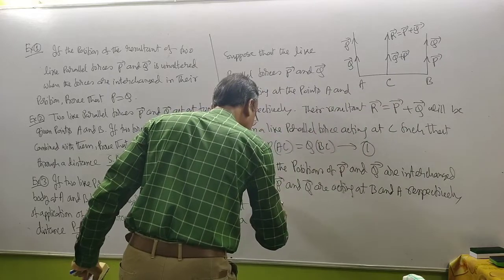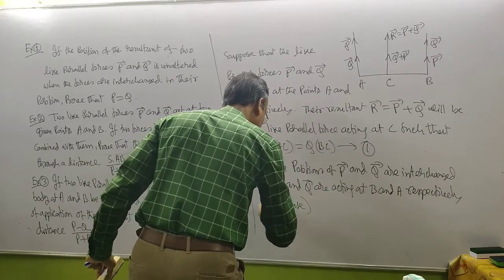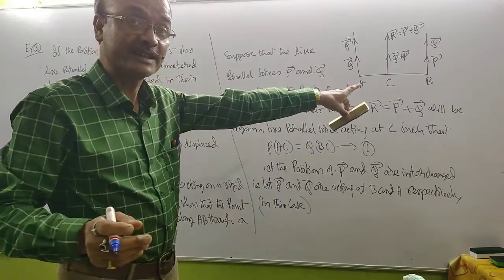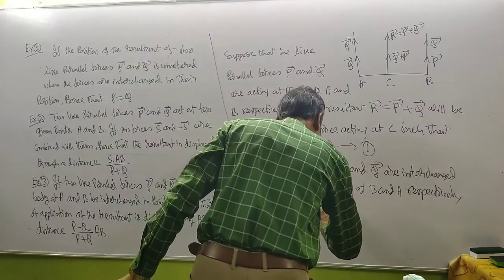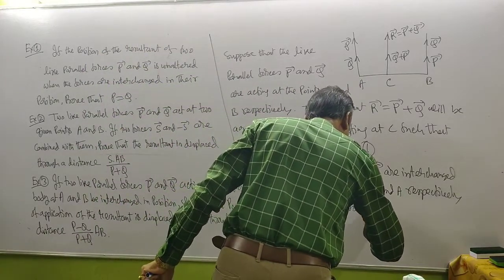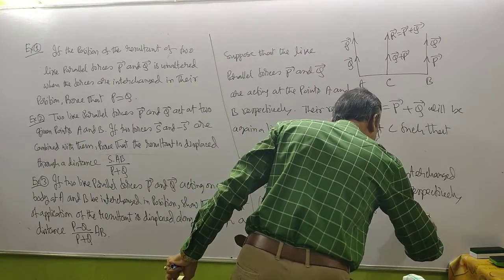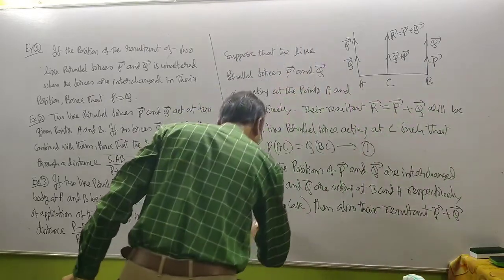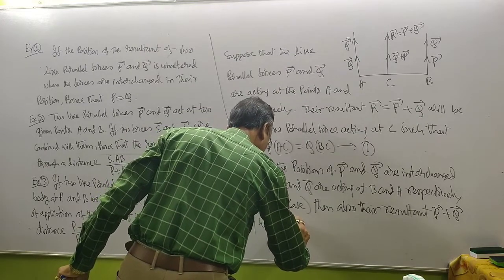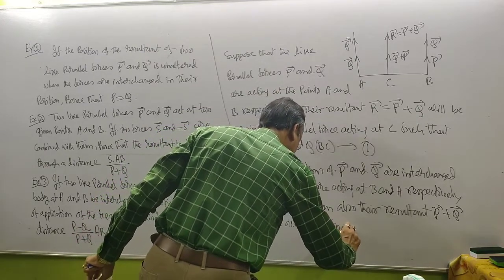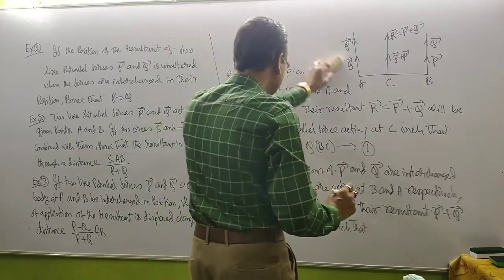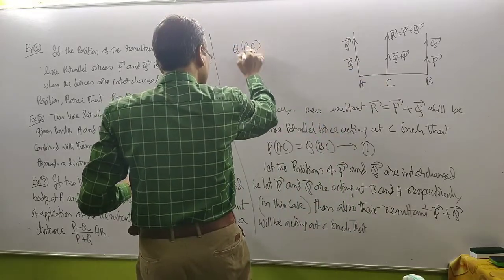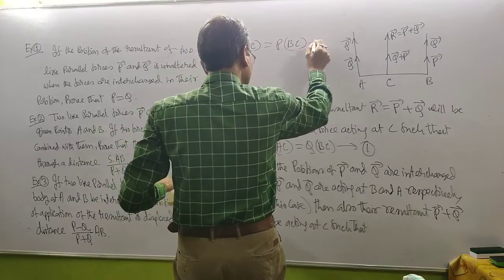In this case, when the positions of P and Q are interchanged, their resultant P plus Q will also be acting at C such that Q into AC equal to P into BC. Suppose this is number 2.